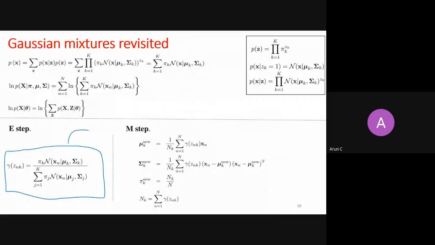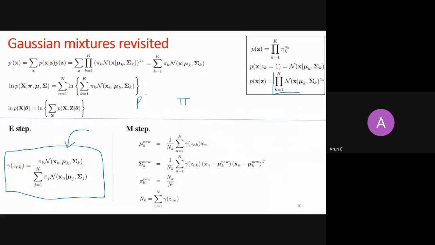The moment I calculate a posterior, I need to calculate the expectation with respect to this posterior, right? I think I forgot to write it.